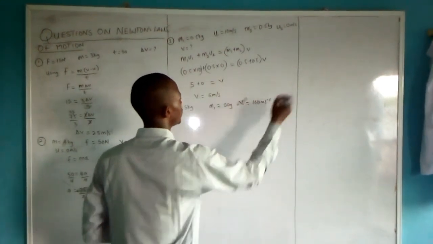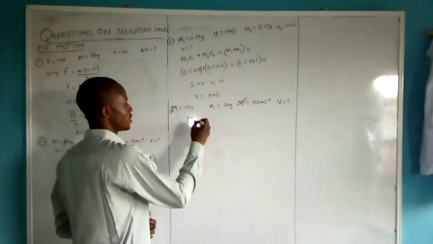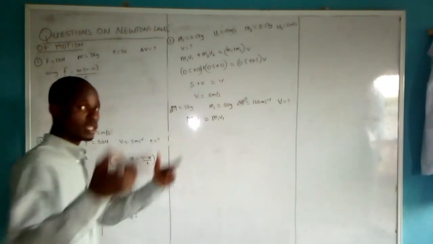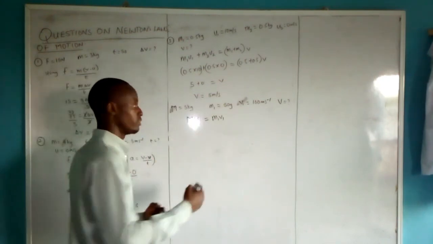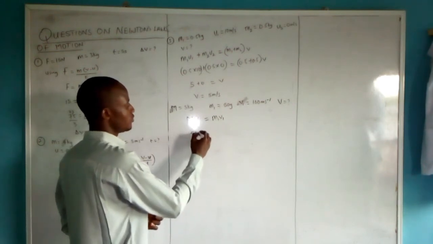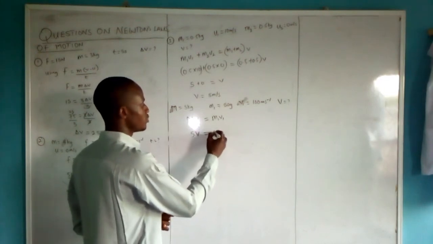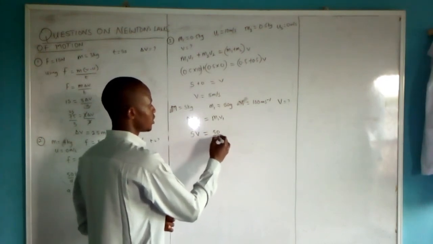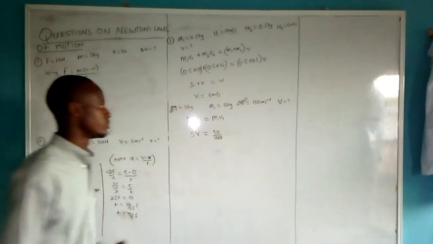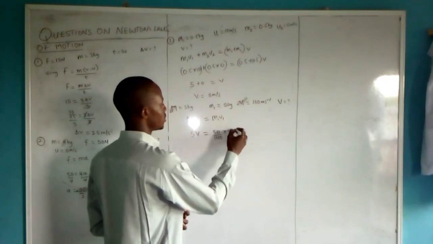Don't forget the formula MV equals m1 v1 from the application of Newton's law in our previous video. So we have 5 times v, which is the recoil velocity, equals the mass of the bullet, 50 over 1000, converting gram to kilogram, multiplied by 100.